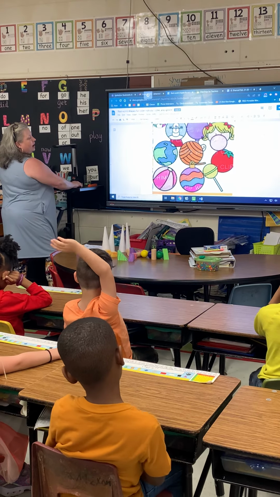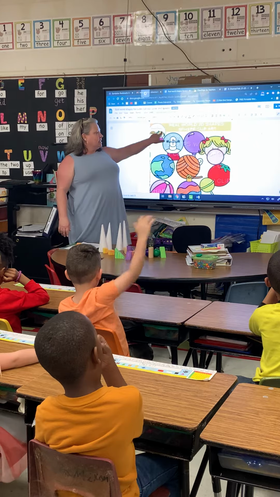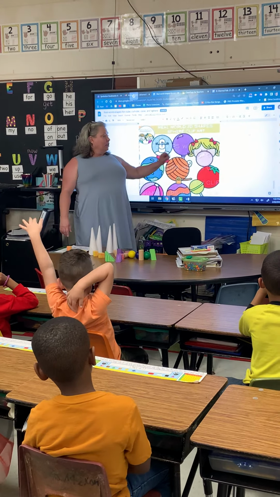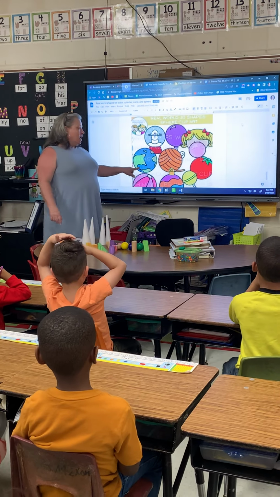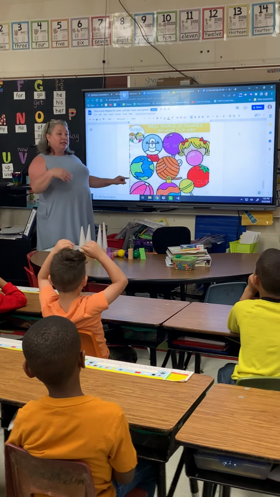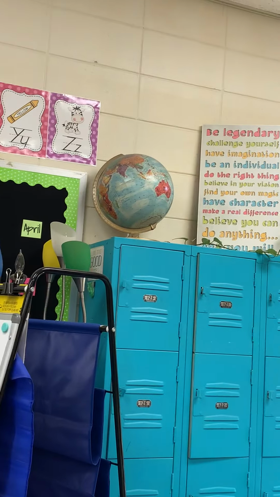All right, and these are all shaped like a sphere. This is a snow globe, a balloon. She's blowing a bubble. Earth, that's a globe. See our globe back there? Is it a sphere? Yes.